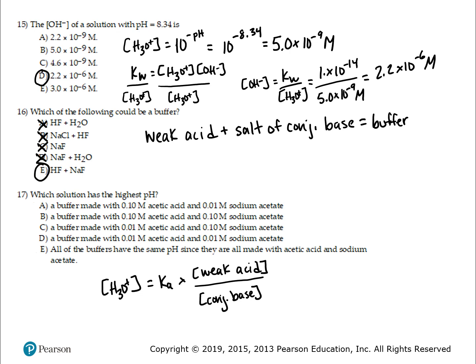That's the concentration. So if you have more acid, then you're going to have a lower pH, which is more acidic. If you have more of the conjugate base, you're going to have a higher pH.